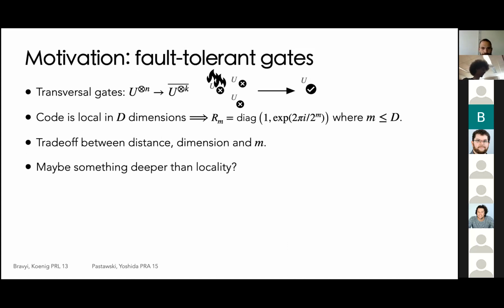And so one might ask, there's been a lot of difficulty in extending these sorts of results to general LDPC codes. And so one might ask, maybe there's something deeper than locality that is the underlying problem.